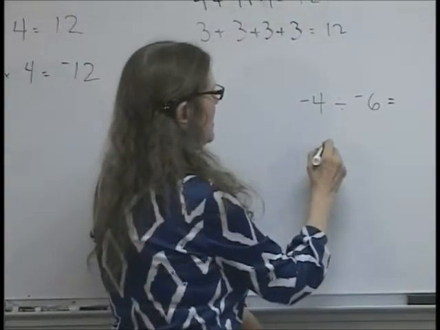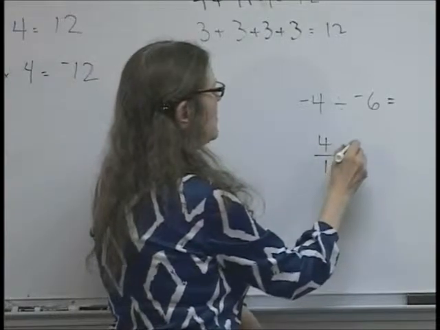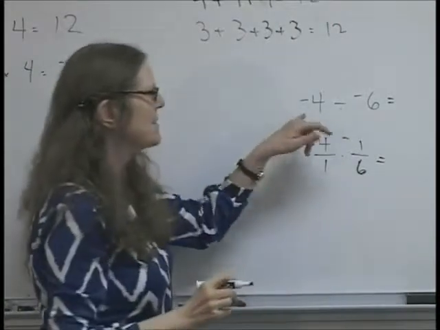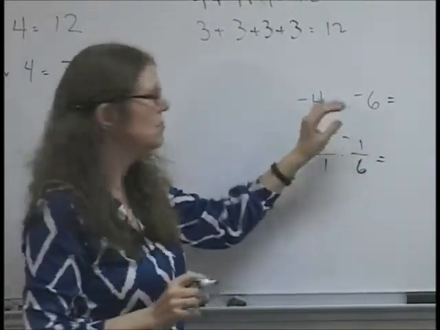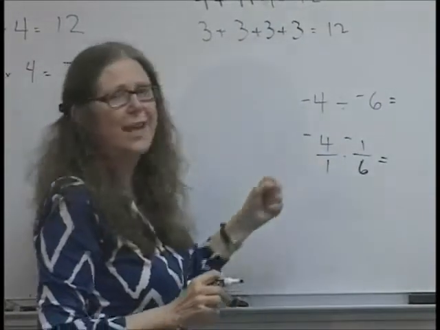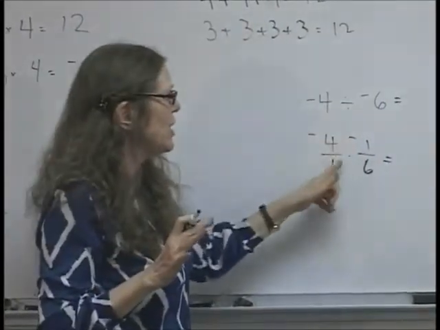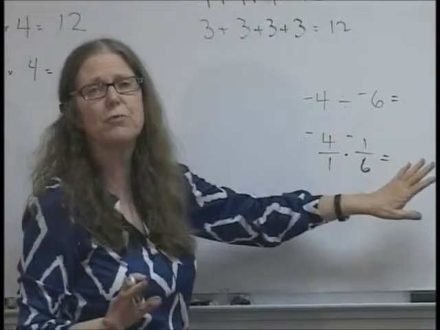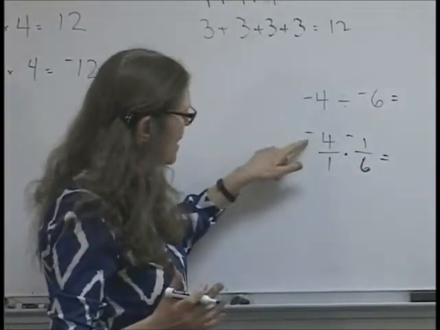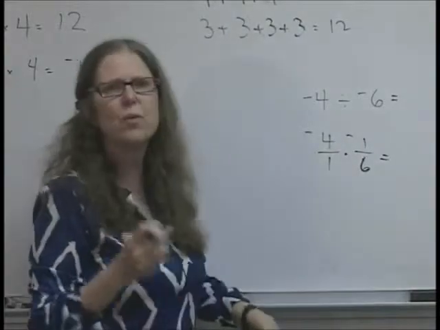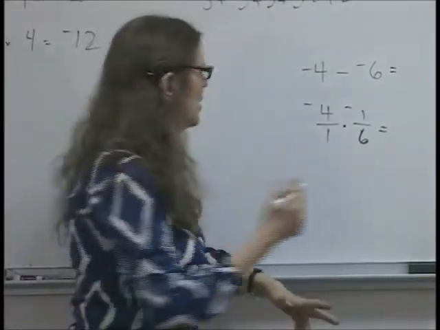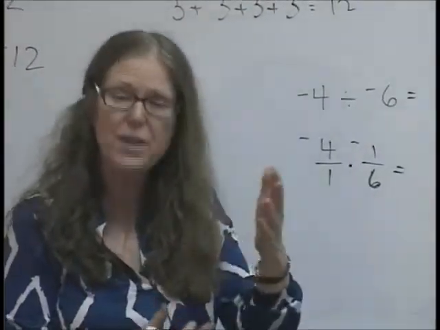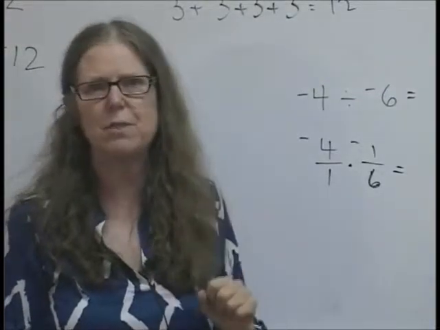Well, that's the same thing as 4 over 1 times 1 over 6. So anytime I've got a division problem, I can change it by making it fractions, even if it's whole numbers, and change it to multiplying. So in terms of the sign, whatever number this turns out to be, which will be 4/6, which is 2/3, I've got a negative times a negative. So whether you're multiplying or dividing, it's the same rule of thumb. Two negative numbers, if there's a division, one of them divided by the other, the answer is positive.